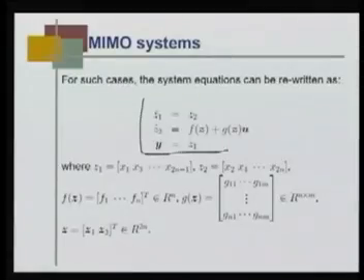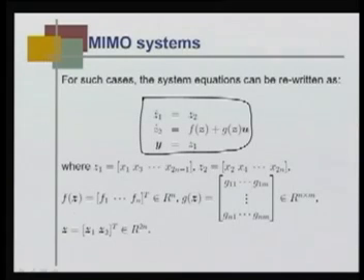So, here this is the class of multi-input multi-output system that we will be discussing today, where z1 is x1, x3, the odd numbered state elements, and z2 is the even numbered state elements.